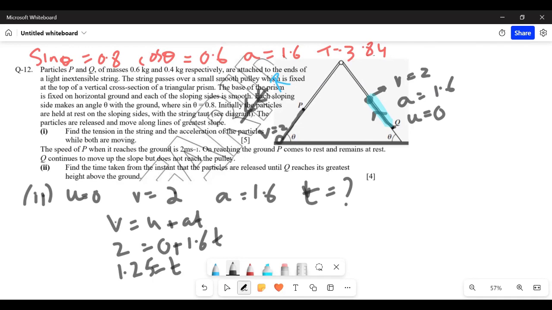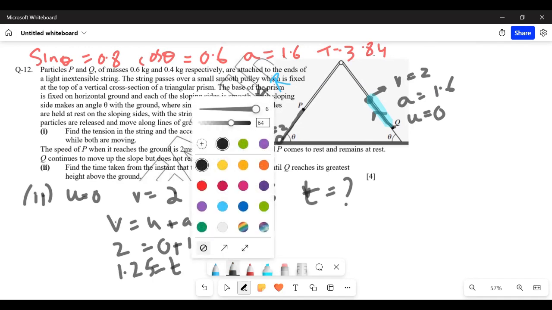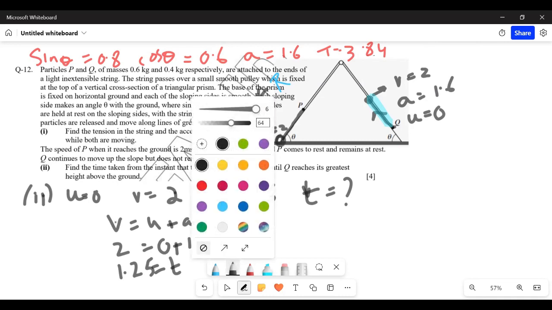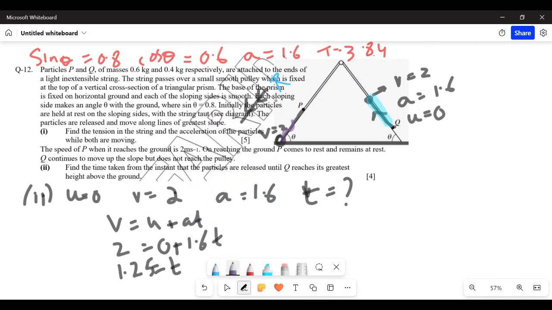Now what happens is that when P hits the ground, because of the impact, the string slacks. And as it slacks, it pushes the point Q upwards. So now the final speed of the particle Q at its maximum height is going to be V is equal to 0.